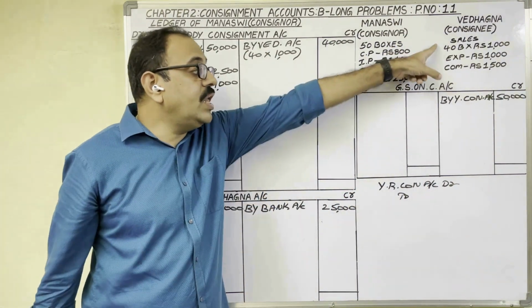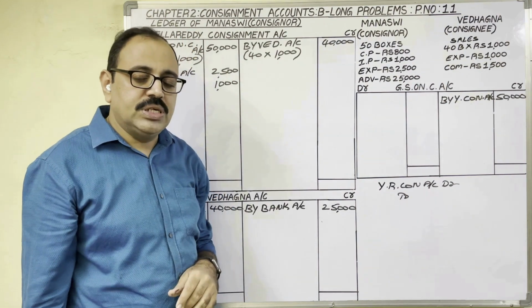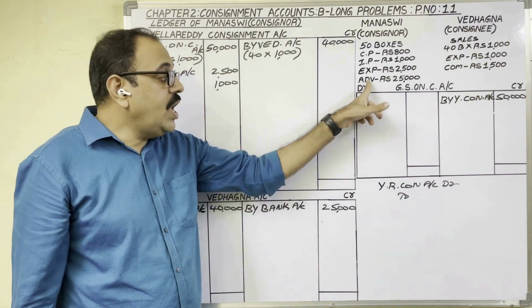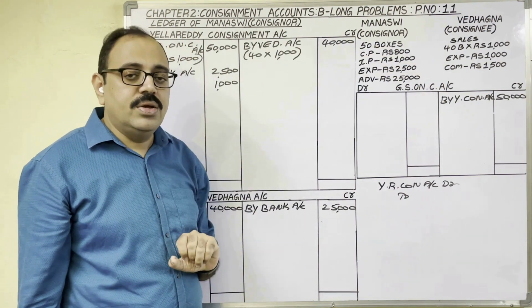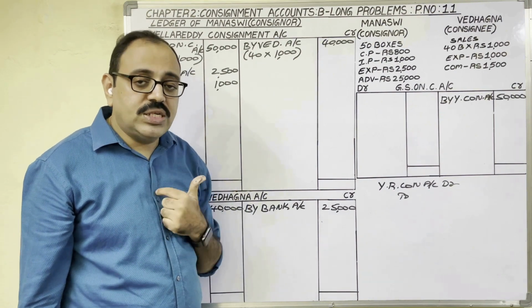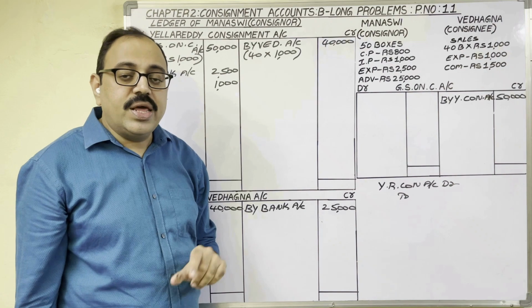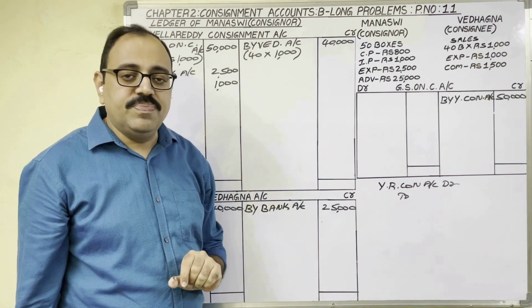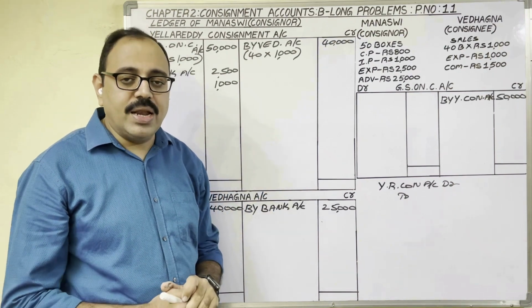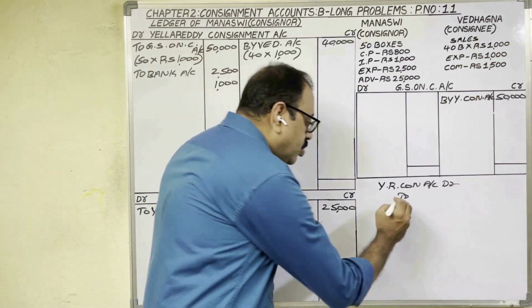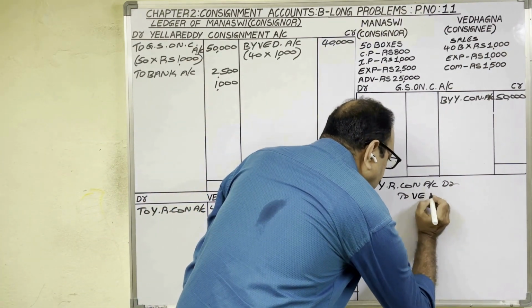At present, Vedagna is paying this 1000 rupees. But in future, we have to return that amount to her. So to us, to consignor, consignee is becoming a creditor. Creditor is a liability. Liability shows a credit balance. Therefore, we should credit Vedagna's account.